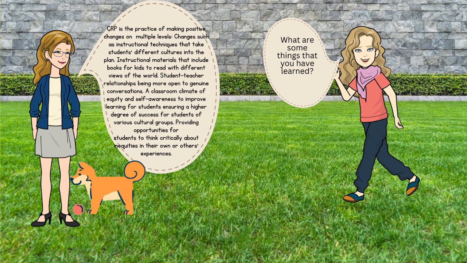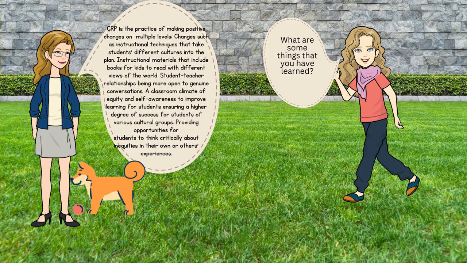Changes such as instructional techniques that take students' different cultures into the plan, instructional materials that include books for kids to read with different views of the world, student teacher relationships being more open to genuine conversation, a classroom climate of equity and self awareness to improve learning for students, ensuring a higher degree of success for students of various culture groups, providing opportunities for students to think critically about inequities in their own or others' experiences.